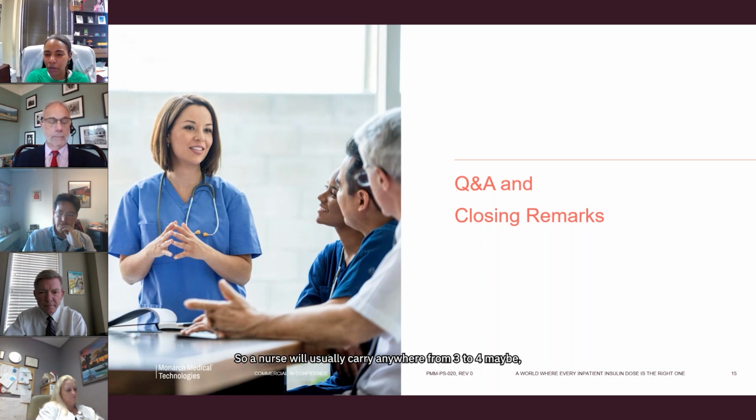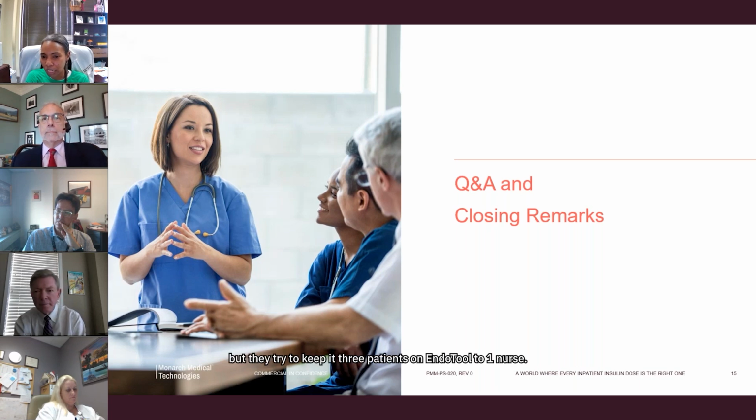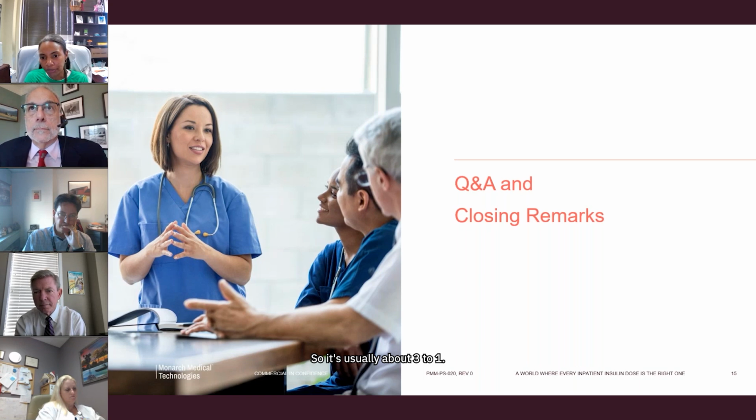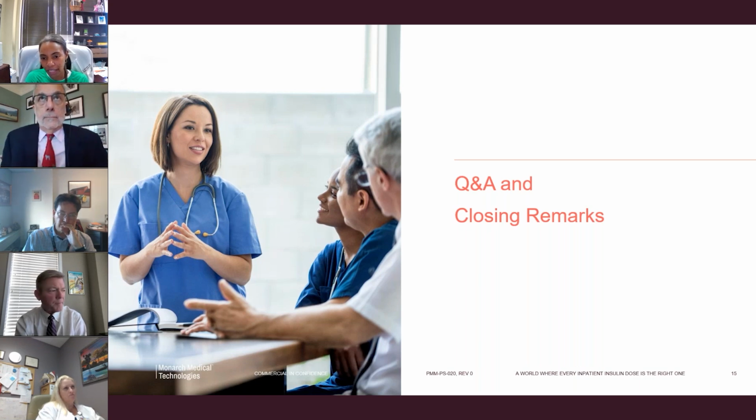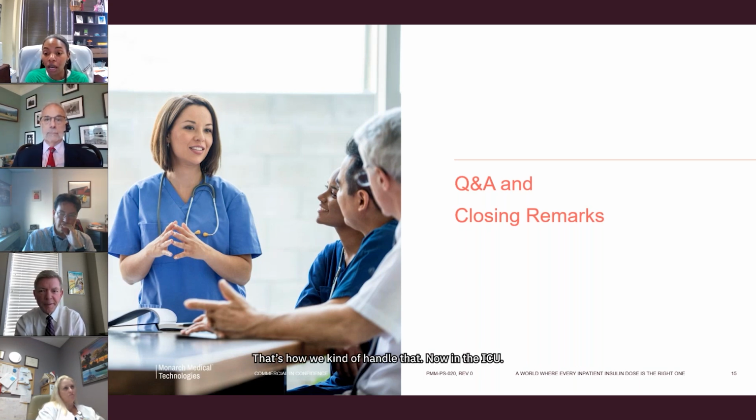A nurse will usually carry anywhere from 3-ish to 4 patients, but they try to keep it at 3 patients on EndoTool to 1 nurse. So it's usually about 3 to 1. Now in the ICU, because they have more nurses, it's usually anywhere from a 1-to-1 or a 2-to-1. So in the ICU and the higher step care areas, they have fewer patients on EndoTool.